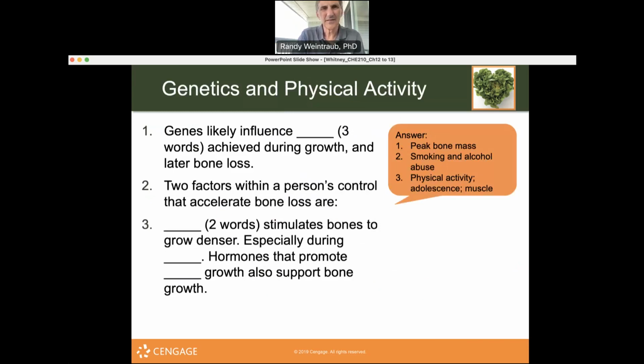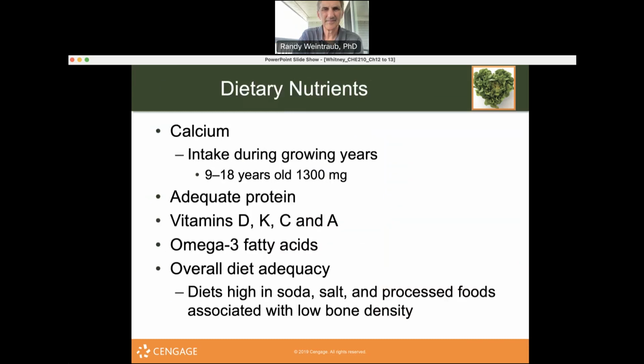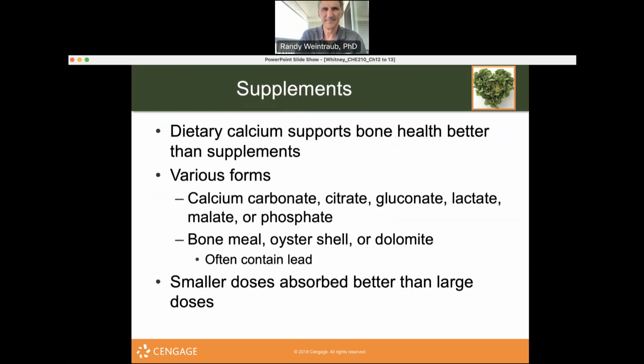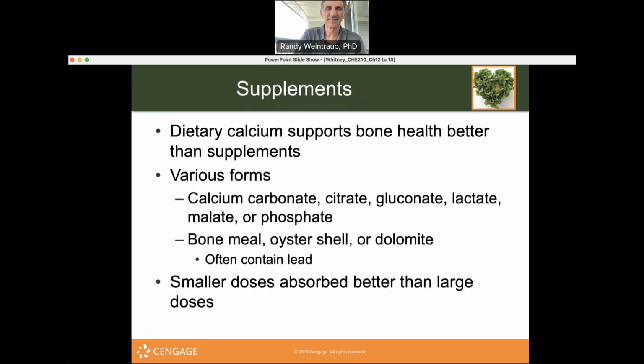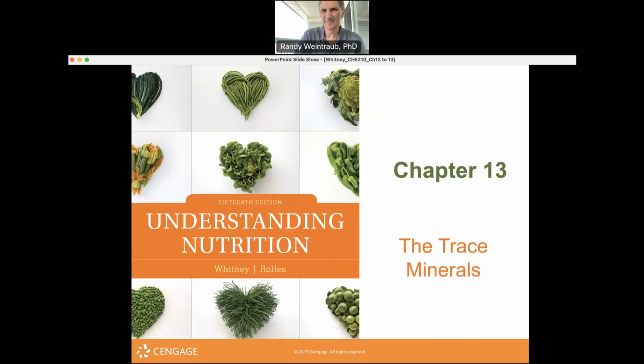Genetics are likely to influence our bone health. And we'll stop here.